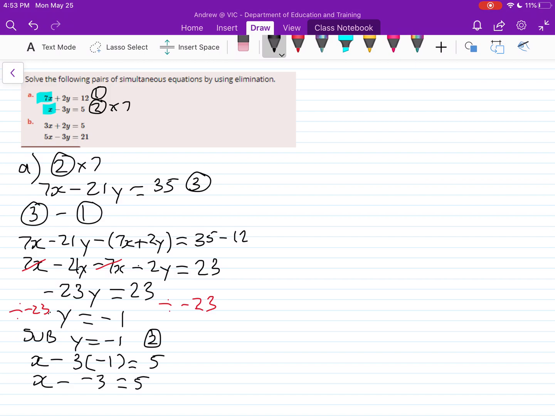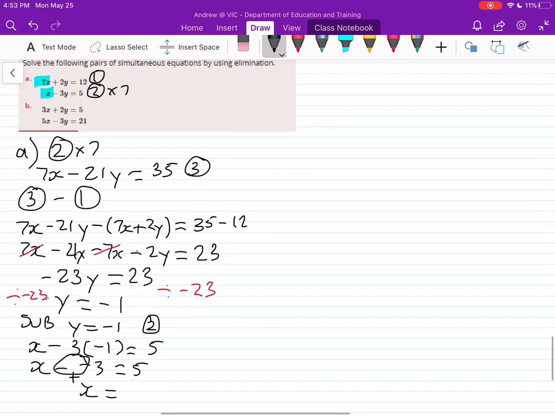These two together make a positive, so we need to minus 3 from both sides, so x is equal to 2.